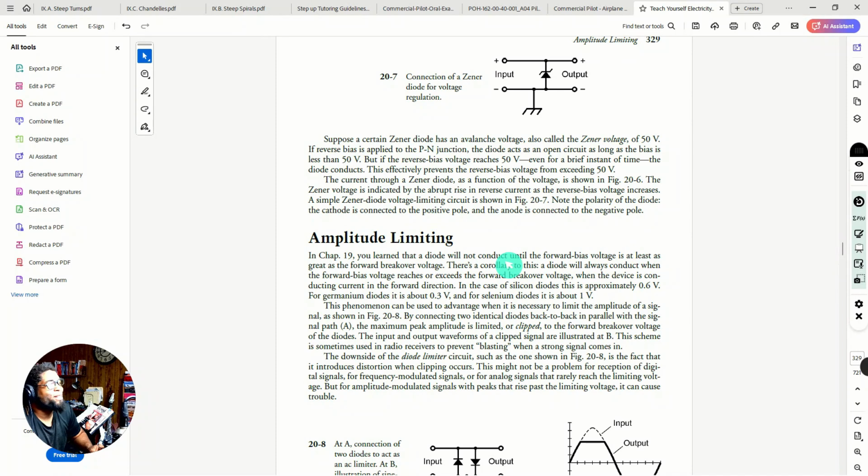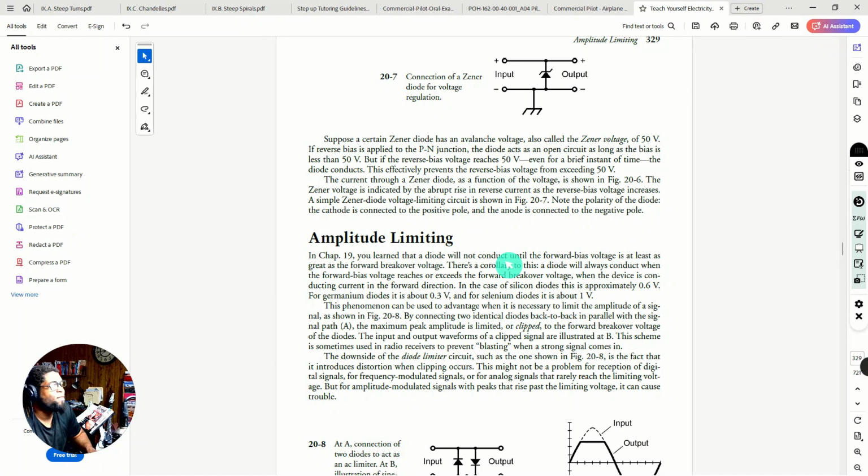The current through a Zener diode as a function of voltage is shown in figure 20-6. The Zener voltage is indicated by the abrupt rise in the reverse current as the reverse bias voltage increases. A simple Zener diode voltage limiting circuit is shown in figure 20-7.